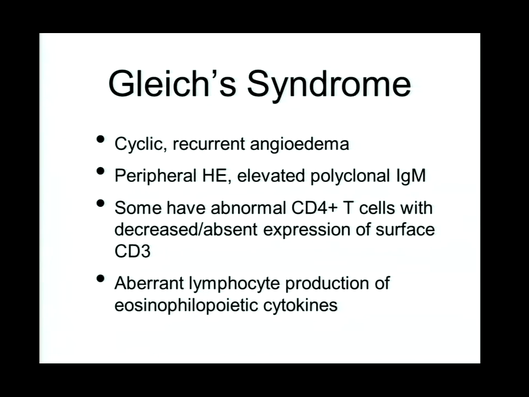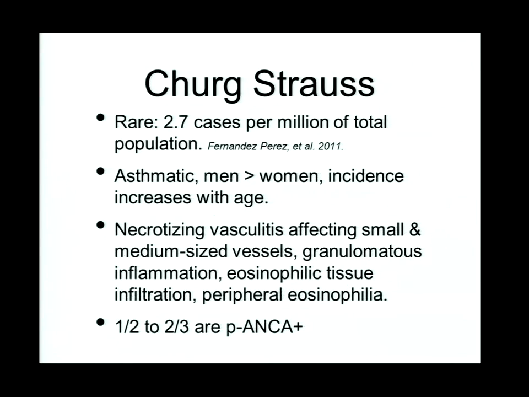They have hypereosinophilia and they have polyclonal IgM elevation. And so they have these abnormal CD4 T cells with decreased expression of CD3. And they just produce elevated eosinophilopoietic cytokines. But if you follow them through, they have no other evidence of hypereosinophilic syndrome classified elsewhere.